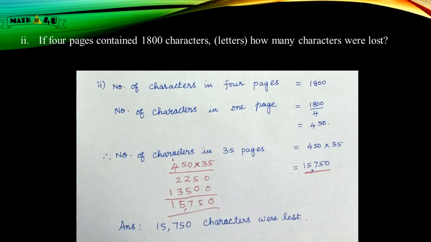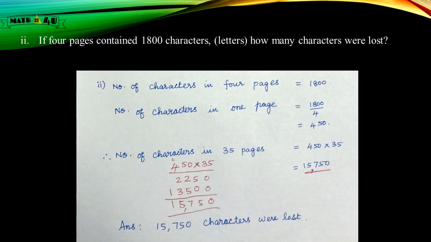If 4 pages contained 1800 characters, that means letters, how many characters were lost? Number of characters in 4 pages given, that is 1800. So from this we can find the number of characters in one page by dividing 1800 by 4. The answer is 450.